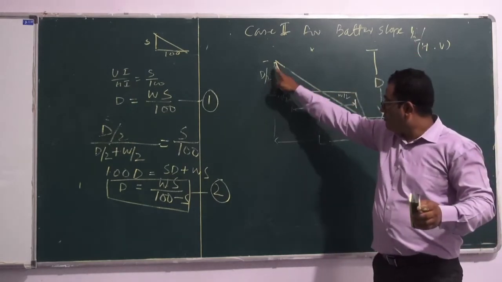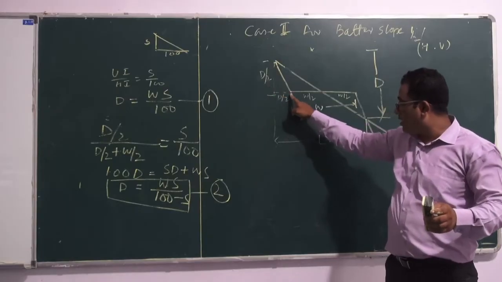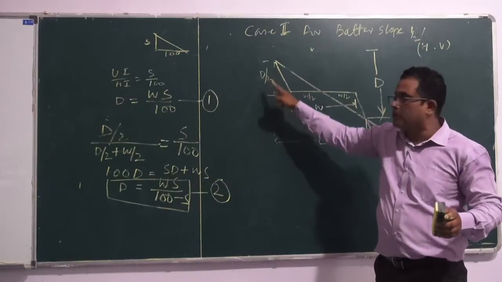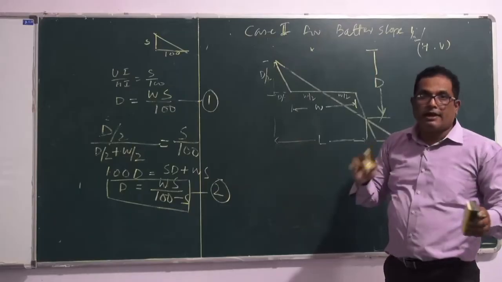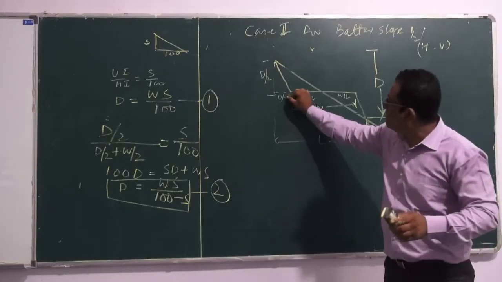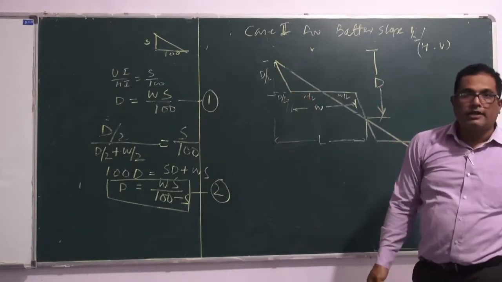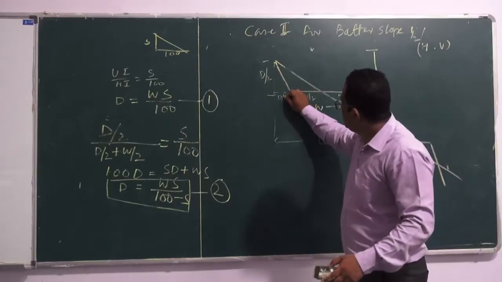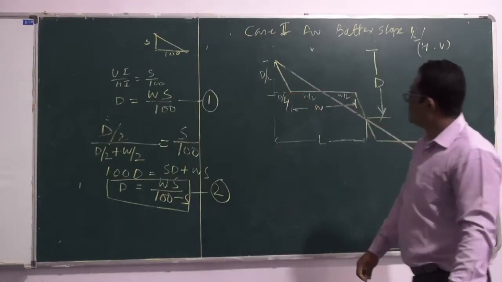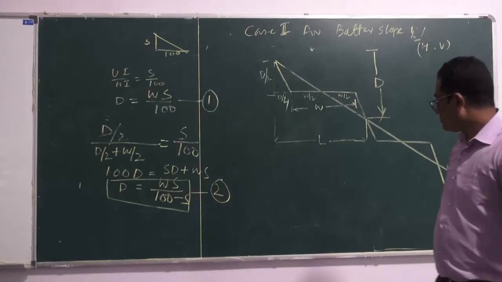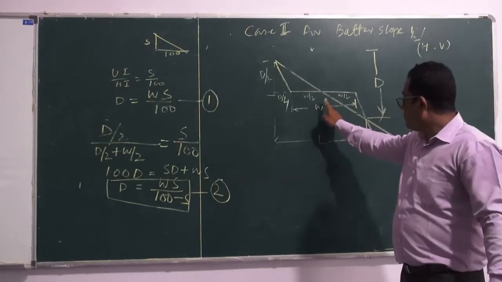So if the vertical is 1, this will be half. If vertical is D by 2, this will be D by 2 divided by 2, that is D by 4. Any doubt? Rest will be same.